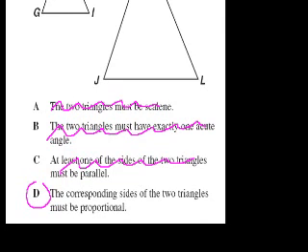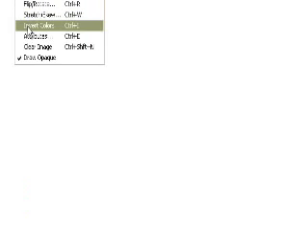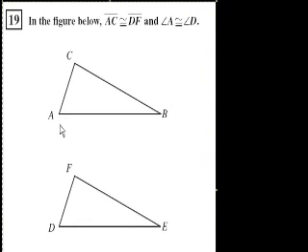Question 19. Let me erase this. I have copied it, and now I am pasting it. In the figure below, AC is congruent to DF. Okay, so they're equal to each other.